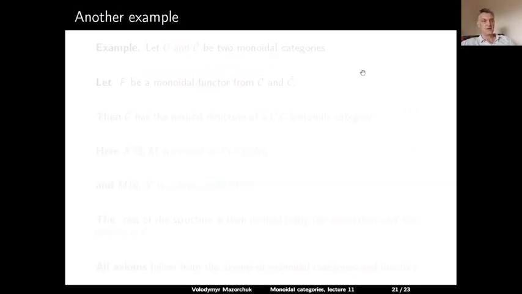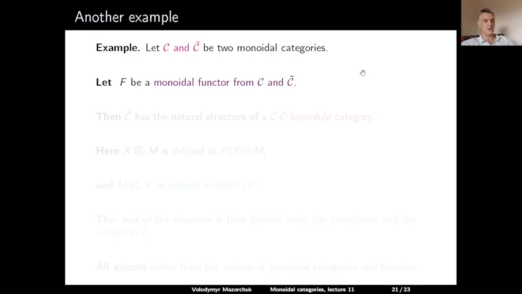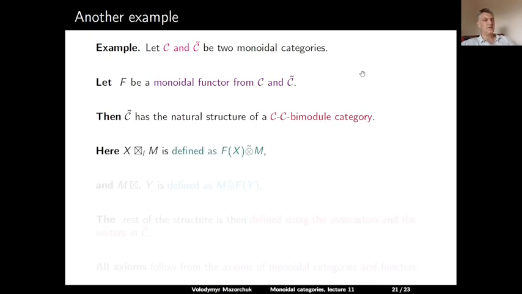So here is another example, related now to bimodules. Let C and C tilde be two monoidal categories, and let F be a monoidal functor from C to C tilde. Then C tilde has a natural structure of a C-C bimodule category, where the left action by X is defined as F of X tensor with M tilde.